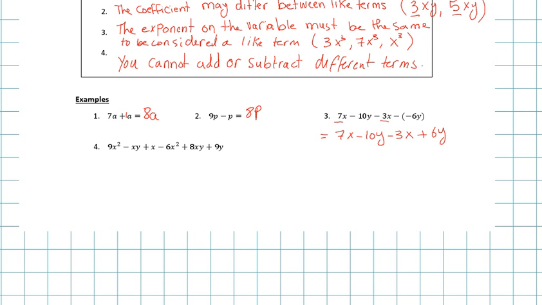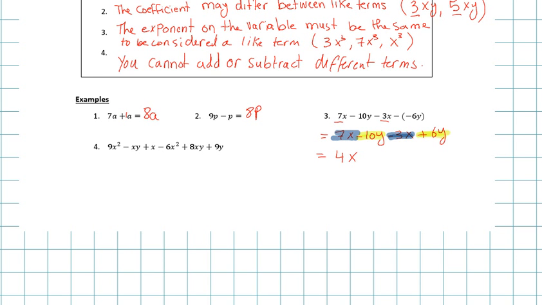Then I have to look at my like terms and I have to collect them. Alright? So 7x minus 3x gives me 4x. And negative 10y plus 6y gives me negative 4y.